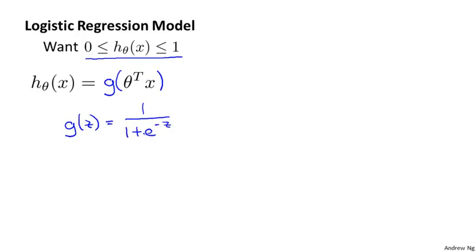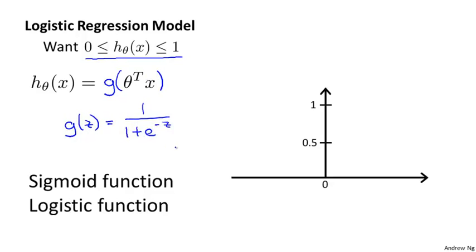This is called the sigmoid function or the logistic function, and the term logistic function is what gives rise to the name logistic regression. And by the way, the terms sigmoid function and logistic function are basically synonyms and mean the same thing.